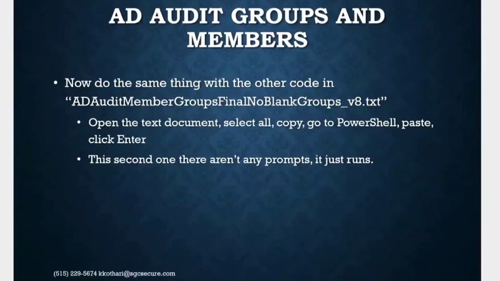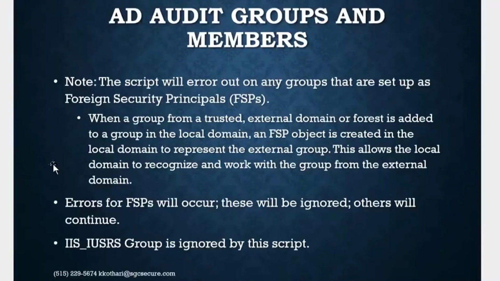This script does not get blank groups. I took blank groups out of this script. The one thing about it is if you have foreign relationships in there, what we call FSPs, Foreign Security Principals. When a group from a trusted external domain or forest is added to a group in the local domain, an FSP object is created in the local domain to represent the external group. So bottom line is, if you've done a domain migration or you've had any external references to a group, it's going to error on that group.